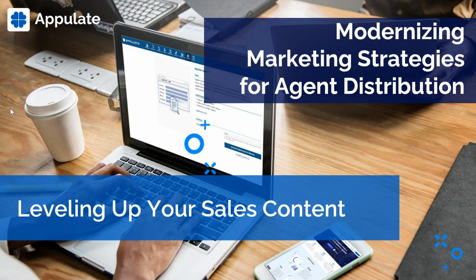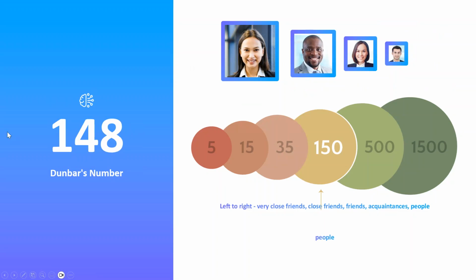Before diving into the sales content part, I'd spend a minute or two to address that point about relationships and why sales content is playing a larger role in business relationships specifically. We can go to the next slide.